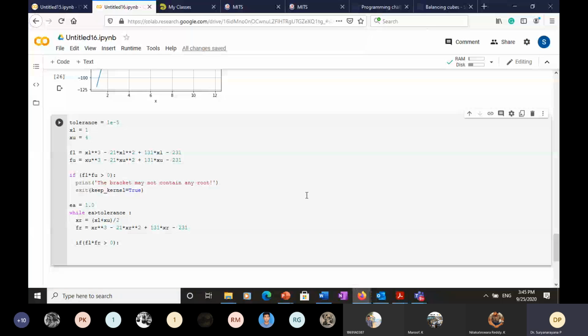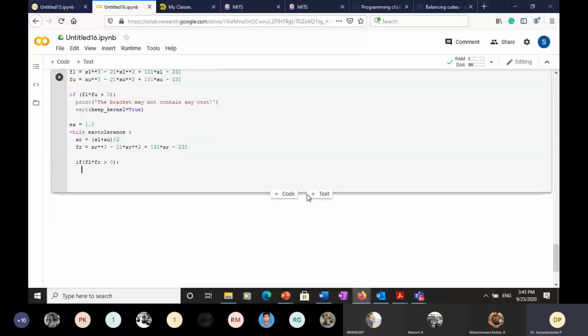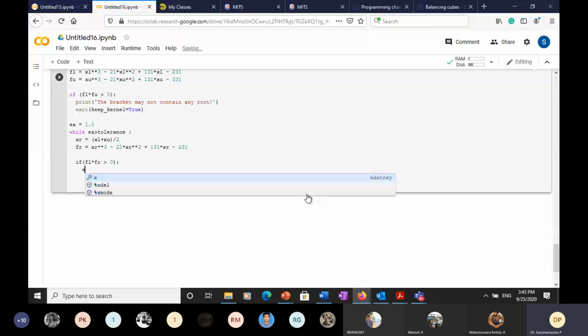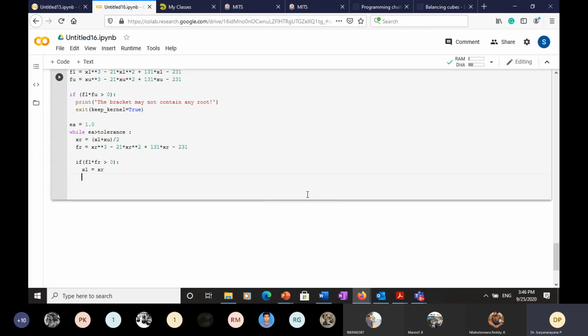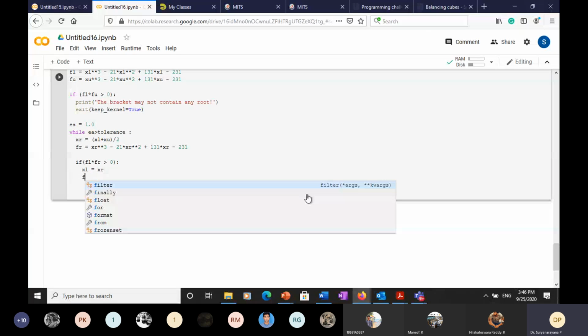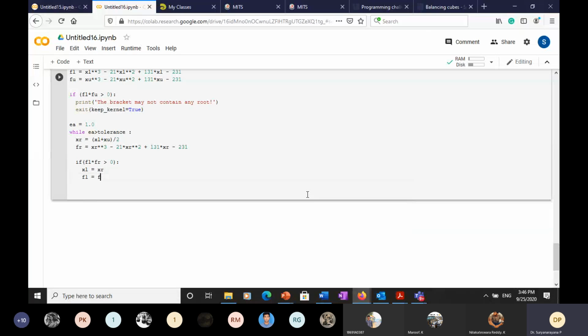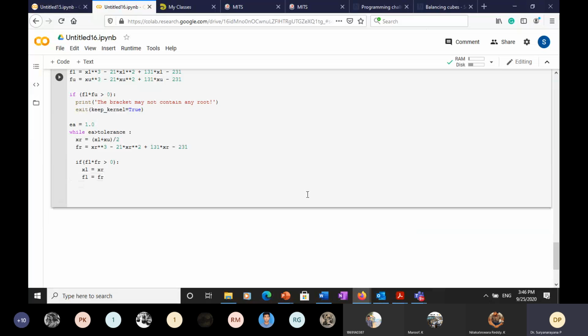Okay, so that's what I'll do there in the program. You will see here, I'm checking it. If that is true, then we don't need the old XL. XL is gone, because if this is true, that means the root is between XR and XU. So I'll make that XR the new XL. The function value also I'll keep, FL equals FR.